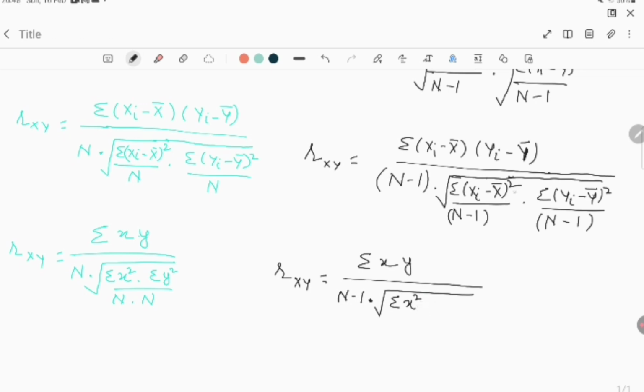Because in the above expression there is a square. So 1 multiplied by summation y squared divided by n minus 1 into n minus 1.